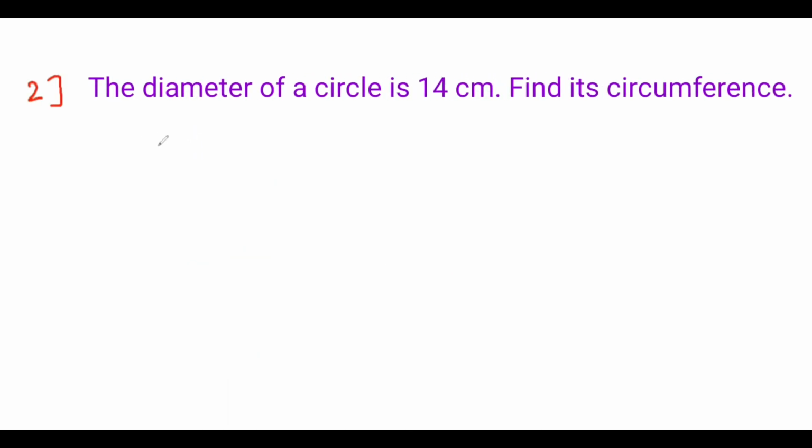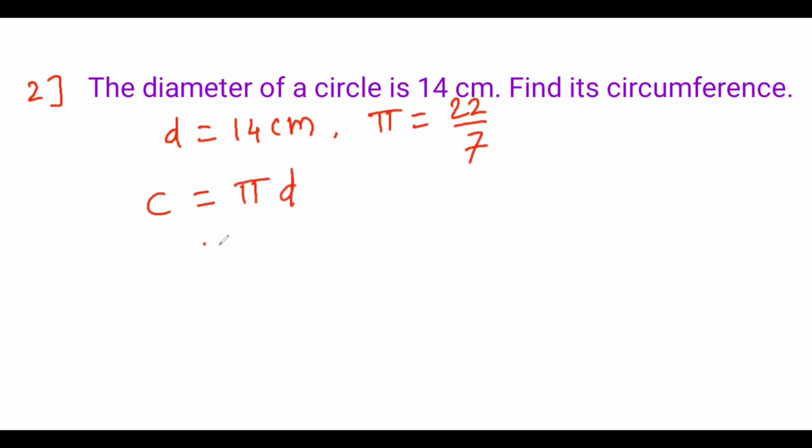Now we are going to solve the second problem. In that problem, the diameter of the circle is 14 centimeter. Find its circumference. Similarly, D is equal to 14 centimeter and pi is equal to 22 upon 7. Now we solve the problem. We use the first formula because diameter is given.